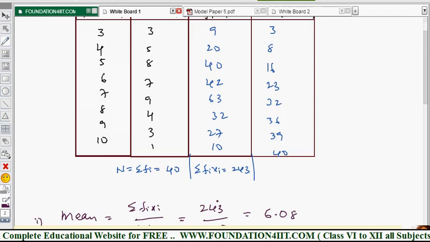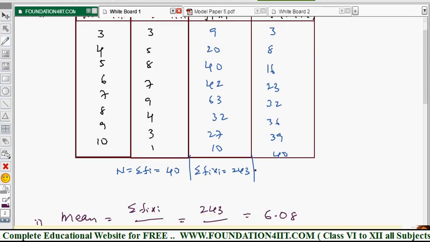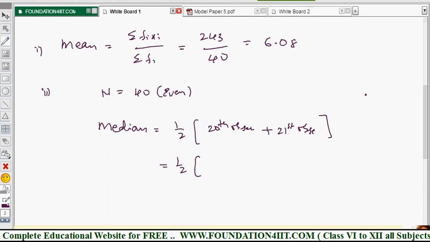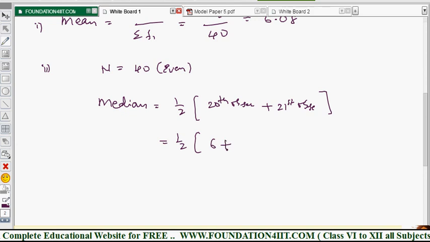From the table, observe that after 16, from the 17th observation till the 23rd observation, the variate in the same line is 6. After 16, 17 to 23rd is 6 only. That means both are 6. The 20th observation and 21st observation are also 6, so 6 plus 6. Just add both, 12 by 2. So the answer is 6 itself.